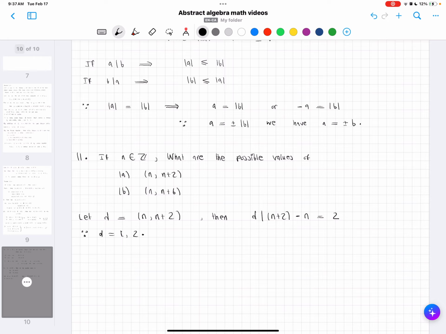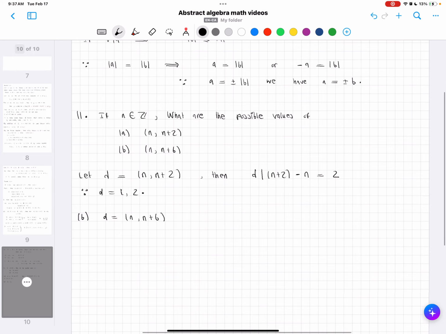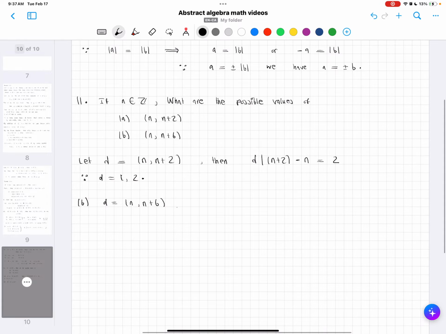And similarly, for B, D is the GCD of n and n plus 6. And then D has to divide n plus 6 minus n, which is 6.